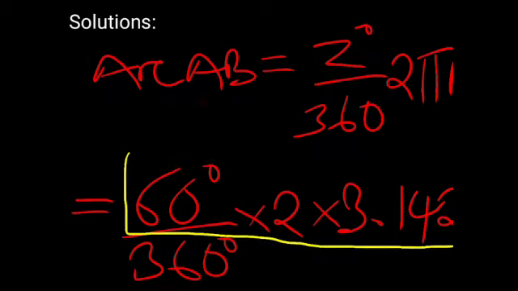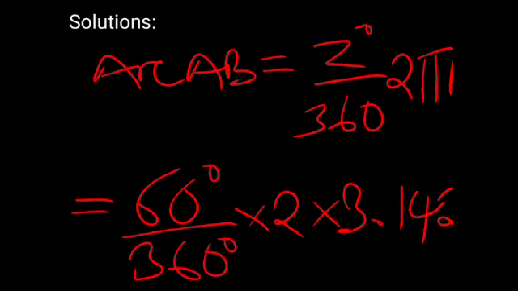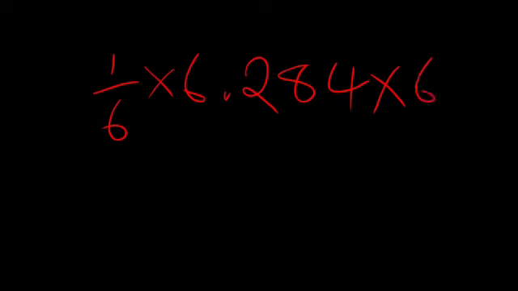So let's say 60 over 360 can be simplified as 1 over 6 times 2 times 3.142, that is going to be 6.284 times 6,370.